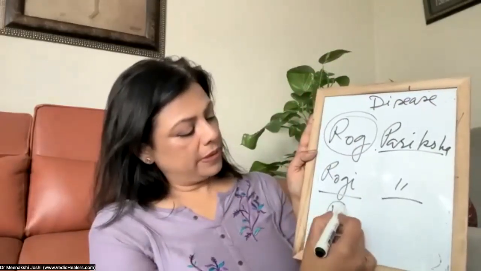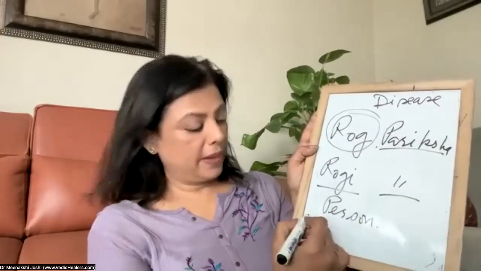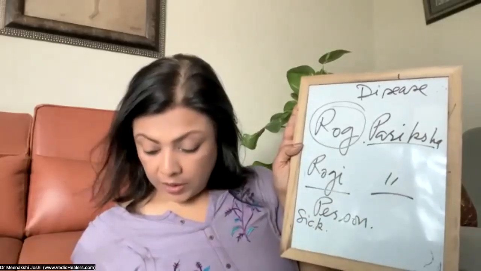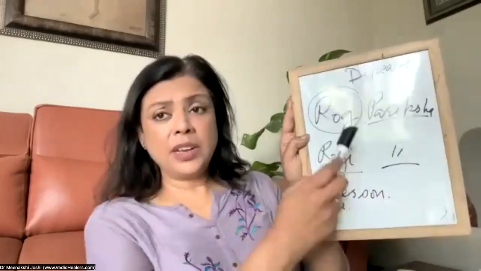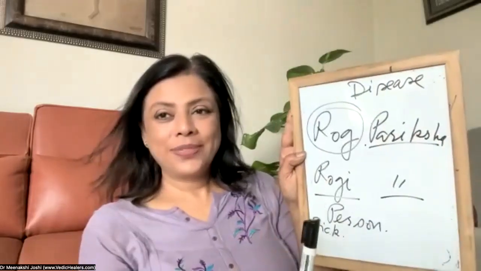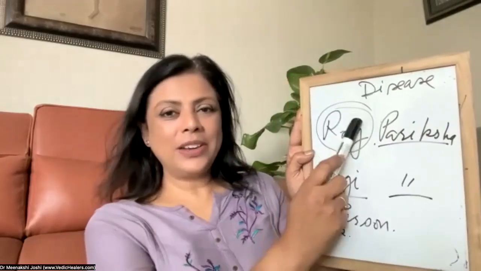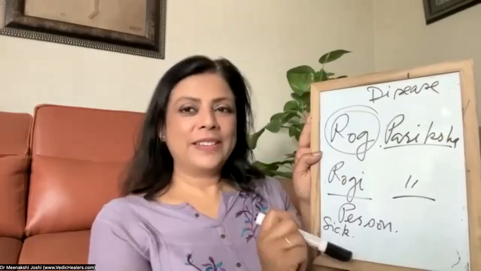Rogi means the person who is the sick person. That is rogi, right? So he says, please have an understanding of both, not one. Only the person is not important, and only the disease is not important. You need to understand both things.